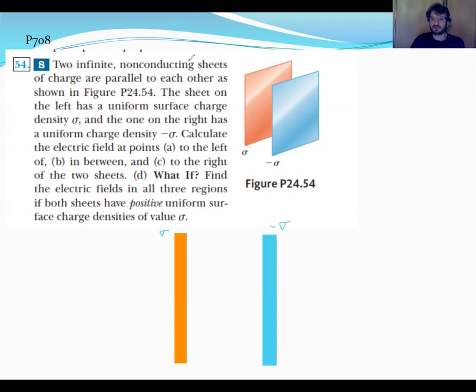For the positive charge, the field must be directed outward from the sheet, in this direction and this direction. The blue one is negative, so the field must be inward toward the sheet, like this, and here also it must be inward.